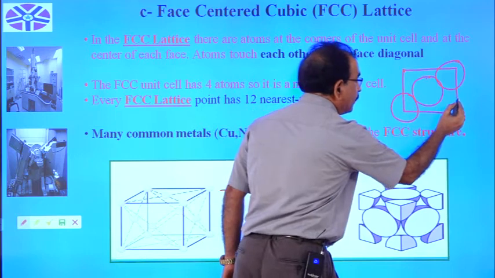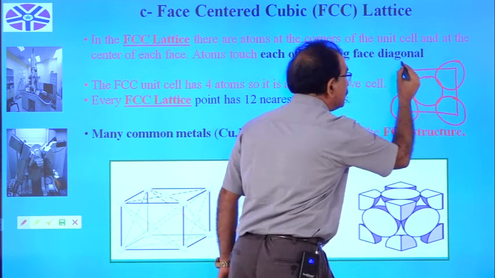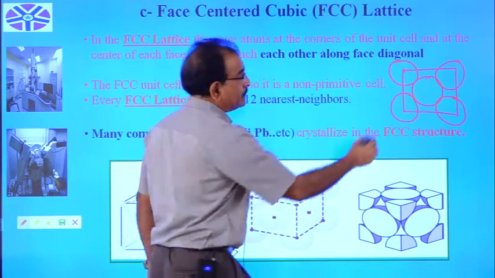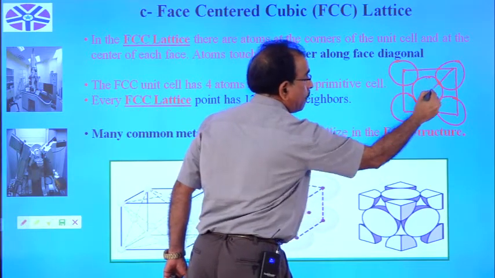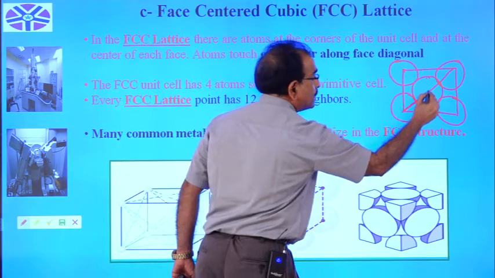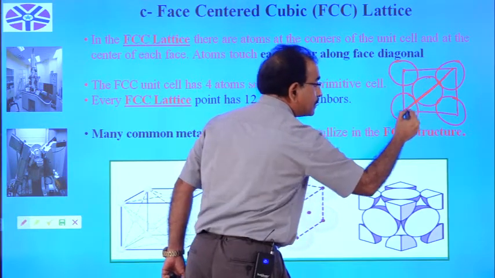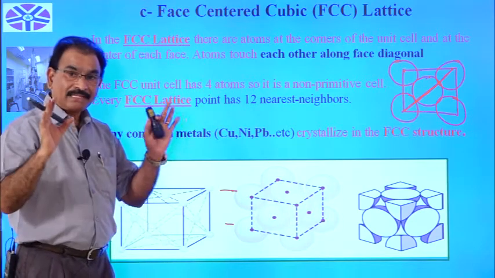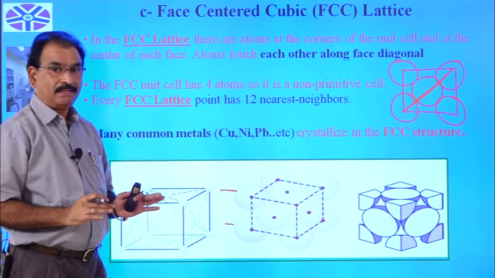Similarly, there is an atom at this corner and at this corner. So, that means this is the face diagonal, and atoms are touching along the face diagonal. That is about the face center lattice.